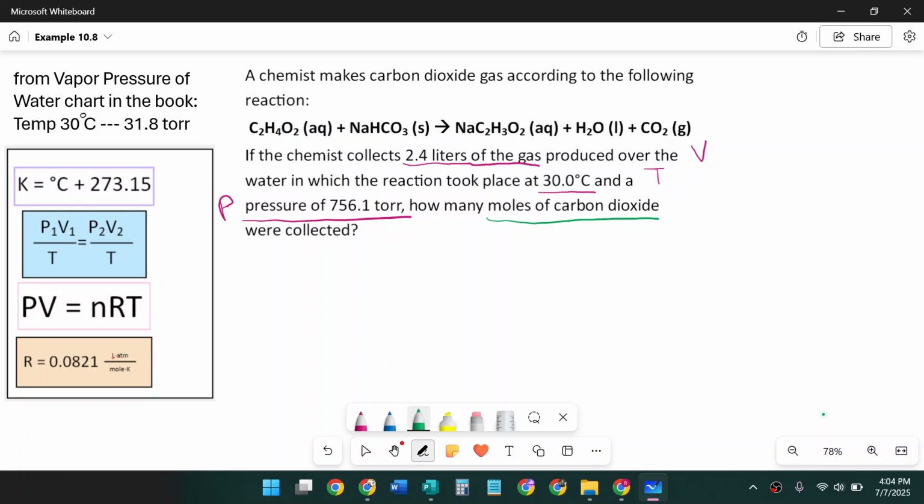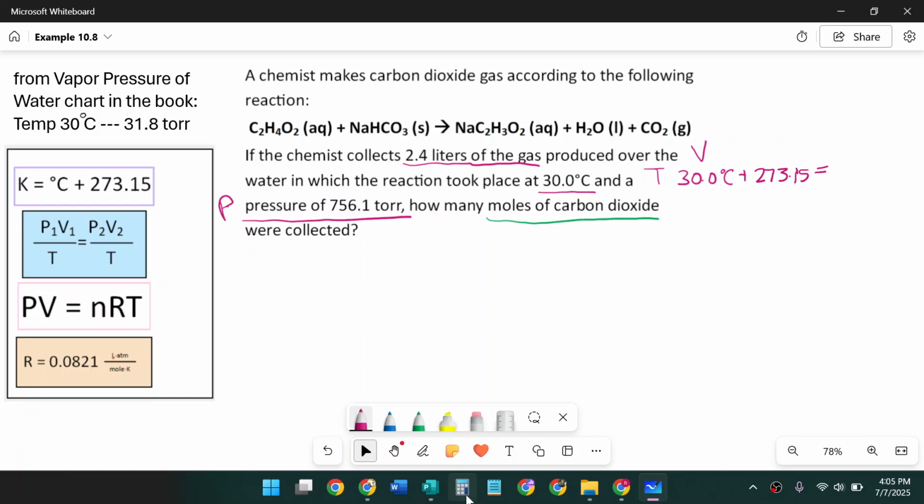But we know from other parts of the book that we can't just use all the units just like they are. So this temperature, let's go ahead and convert that to Kelvin. All right, so when we add that, we can't keep the 0.15. It's going to round.